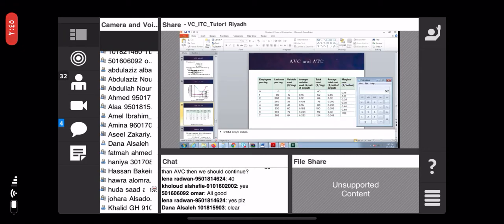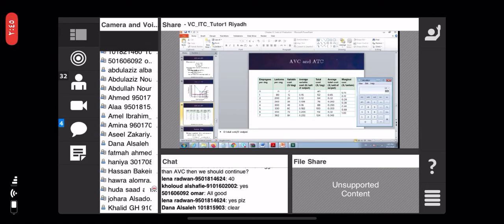Okay, I will do it again. The marginal cost definition is change in total cost resulting from change in number of units. Change in total cost: the difference between 40 and 52 is 12. Change in number of units: the difference between 0 and 80 is 80.